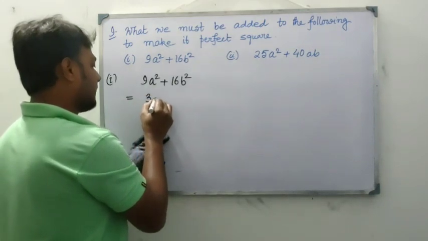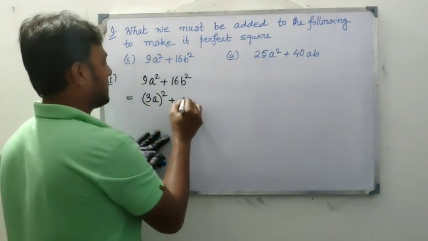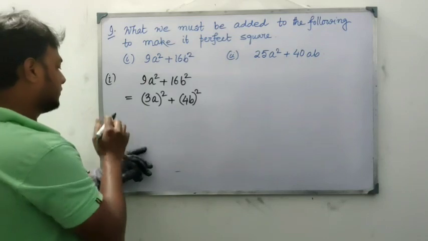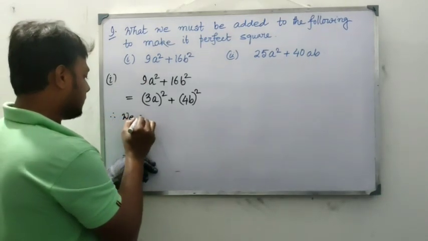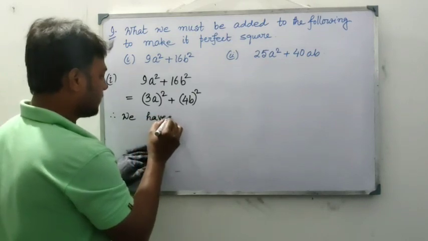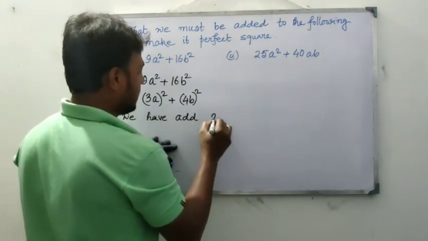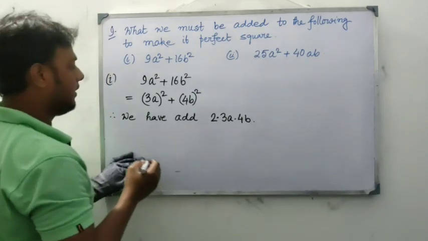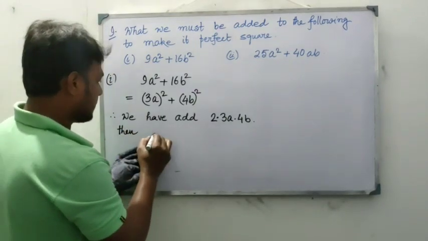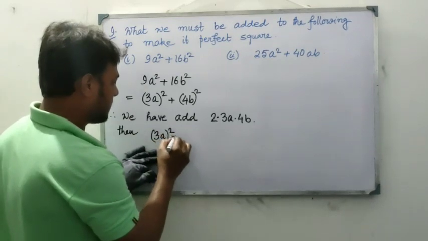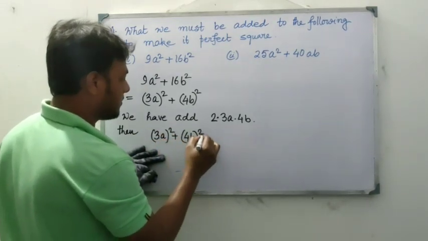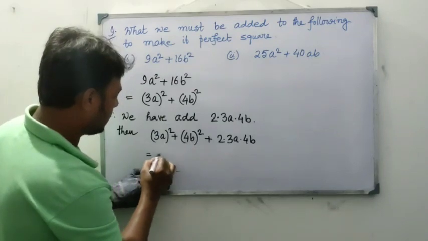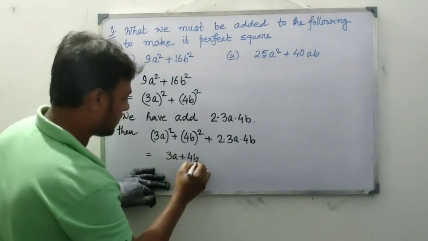So if we add to it, we have to add 2 into 3a into 4b, then 3a square plus 4b square plus this term equals 3a plus 4b whole square.